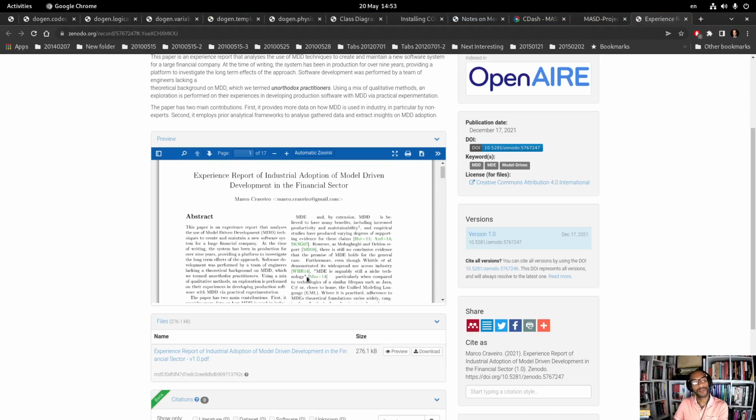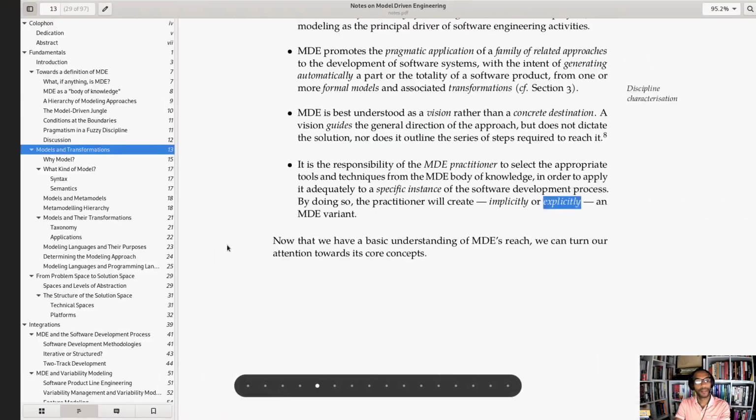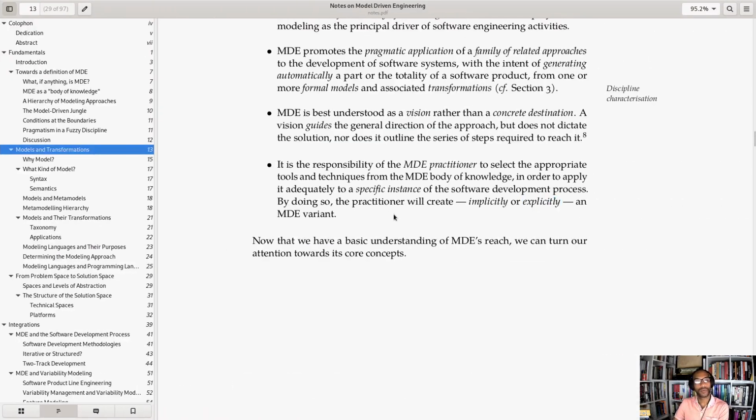But you still need to spend a lot of time with the specific instance that we created and understand the tools, the techniques, the processes, all the philosophy, all the things that effectively are a methodology. So without noticing, we created a concrete methodology for the development of this particular application. It's just that we didn't know we were doing that. But that is almost always what will happen if you apply MDE.